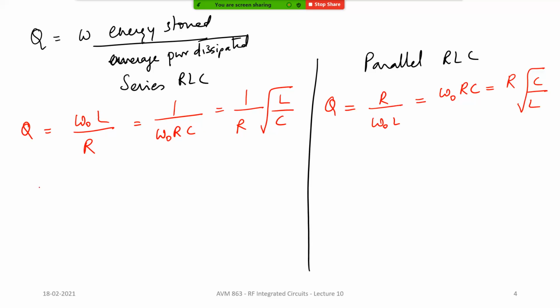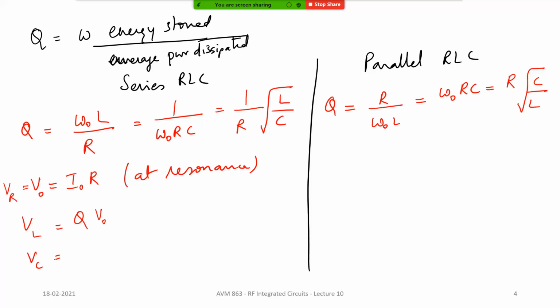Q into V. Correct. So V naught is given by I naught times R at resonance. Basically, this V naught is nothing but VR. VL can be written as what? Q times V naught. Okay. And VC will be minus Q times V naught.